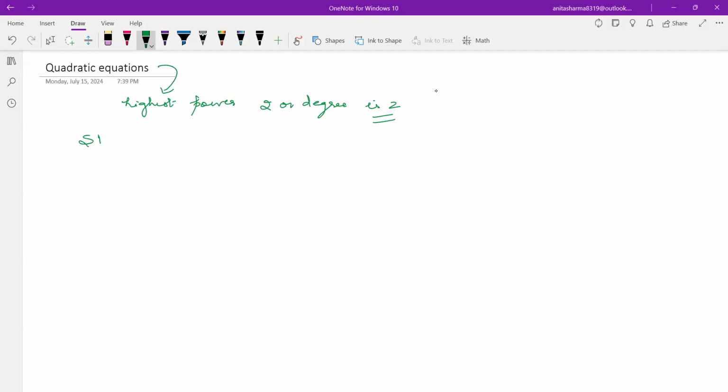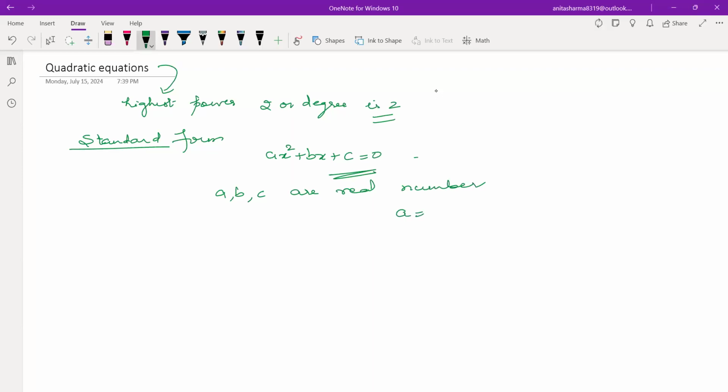So now the standard form, or general form, of quadratic equation is ax square plus bx plus c is equal to 0, where a, b and c are real numbers, and a should not be equal to 0.